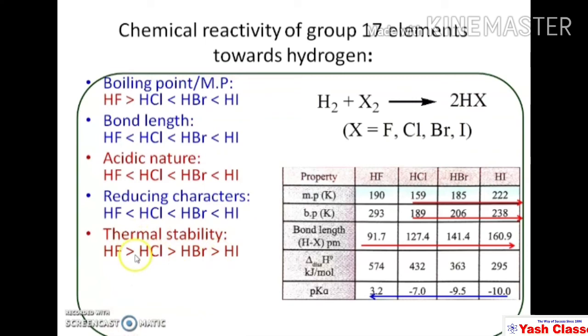Thermal stability decreases from hydrogen fluoride to hydrogen iodide. The bond between hydrogen and fluorine is thermally stable, whereas the HI bond is the least stable. It means when HF is heated, it is slightly resistant to heat, but HI is easily broken.